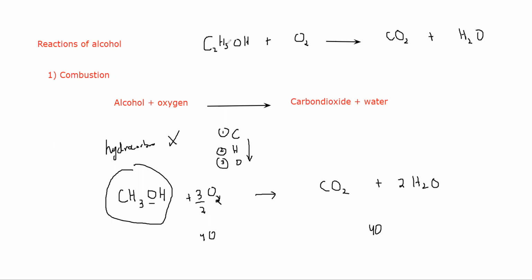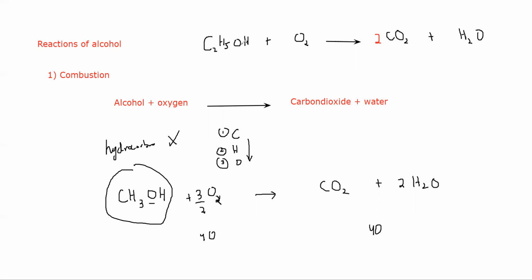Now this is C2H5OH plus O2 giving CO2 plus H2O. We want to balance this equation. We start balancing with carbon. How many carbon on our left-hand side? So 2 carbon on the left-hand side. So how many carbon do I need on the right? I need 2. So I put 2. Carbon is balanced.